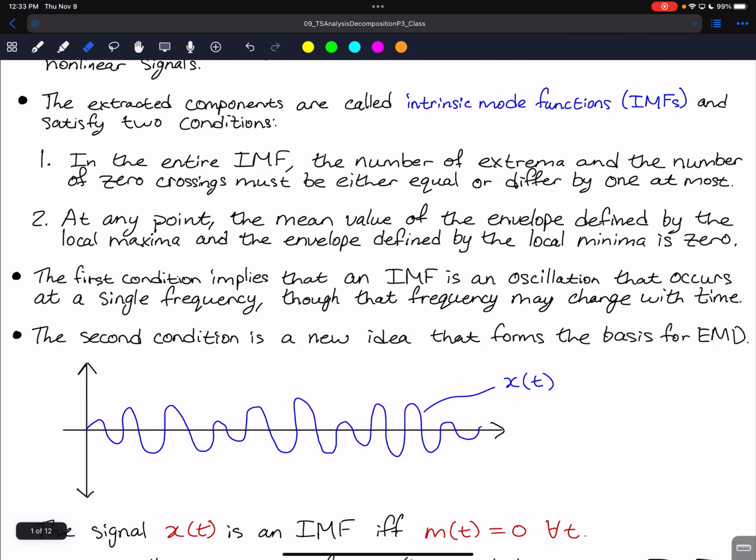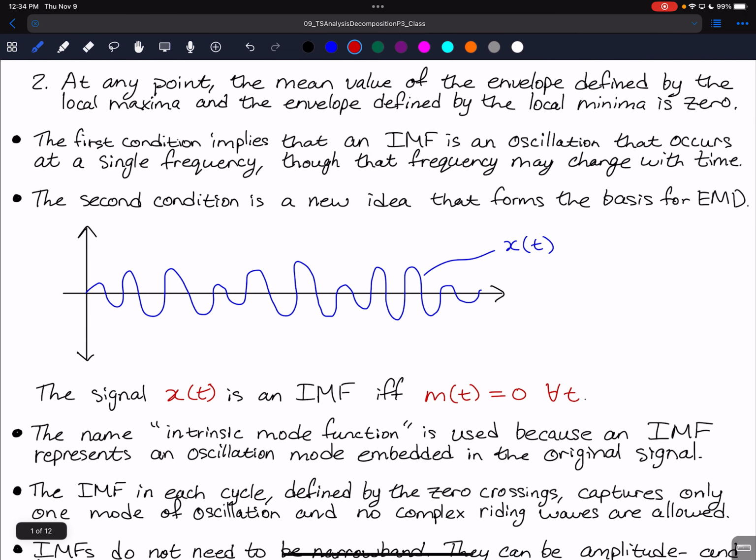So we have some oscillatory signal here. For this to be an IMF, we're going to have the envelope described by the maximum values, which I'm now drawing here in red. We can call that E plus of t, that envelope, and then another envelope, which we'll draw on the bottom here, which is formed from the minima.